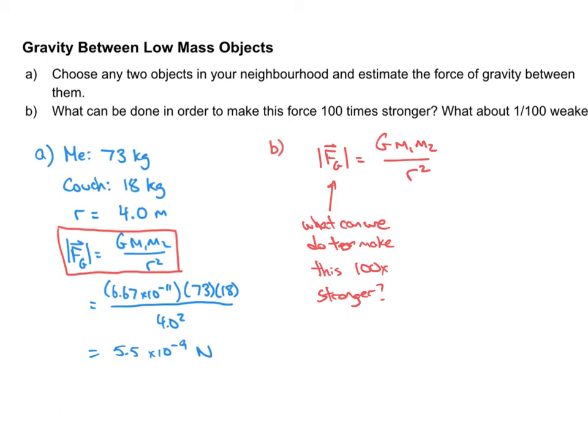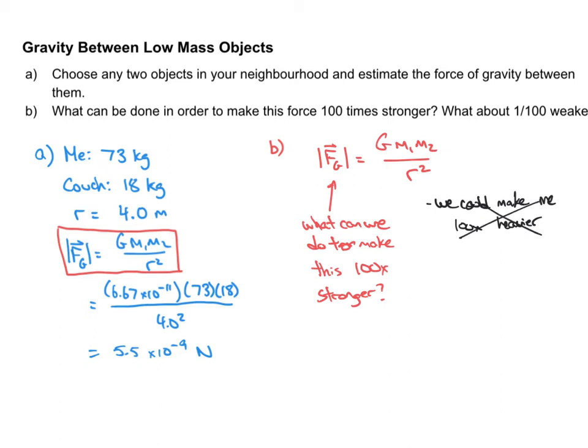Option 1, we could make me 100 times heavier. Okay, so that's not realistic. I'm not going to end up being 7,300 kilograms. So actually, that's not a good option.